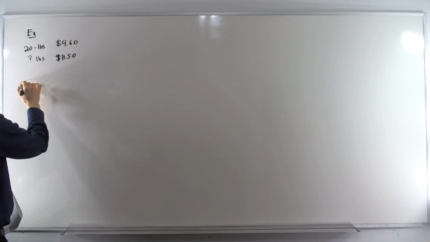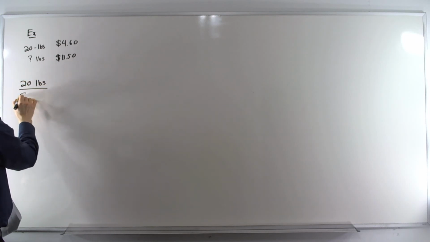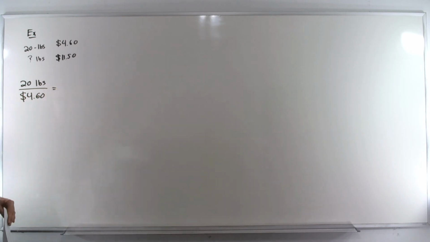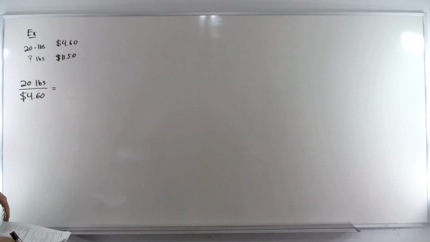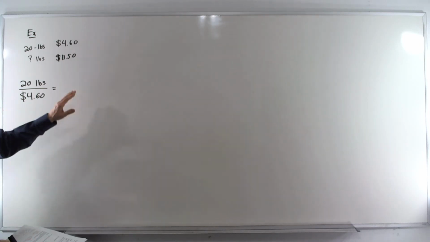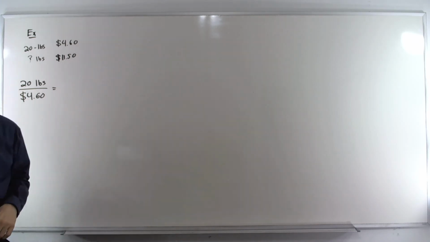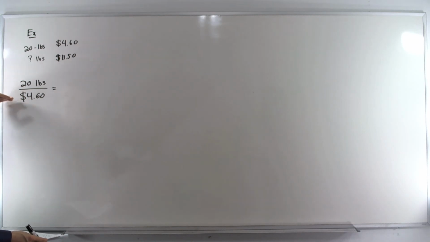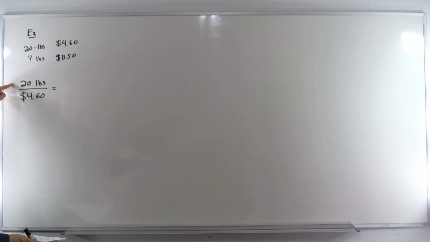So one rate is 20 pounds over 4.60. And it doesn't matter which goes on top. You could put the dollars on top if you want. What does matter is that this fraction has the same structure as the first fraction. In other words, the same units on the same side of the divisor line. So this one has 20 pounds on top.